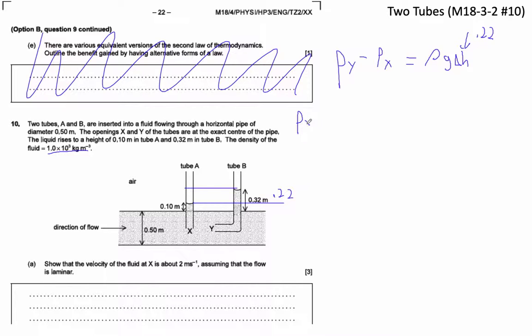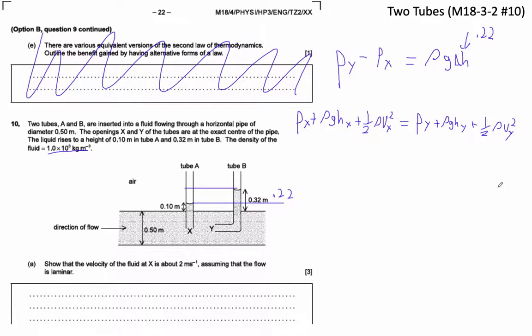So Px plus rho g hx plus 1/2 rho Vx squared equals the pressure at Y plus rho g hy plus 1/2 rho Vy squared.